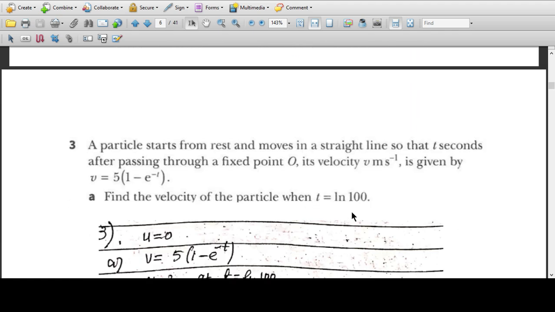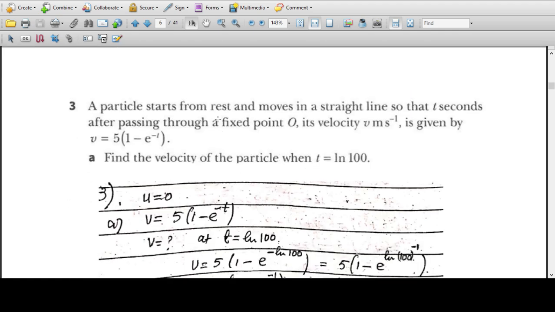And question number 3: a particle starts from rest and moves in a straight line so that t seconds after passing through a fixed point O, its velocity v meters per second is given by v = 5(1 − e^(−t)). Find the velocity of the particle when t = ln 100.